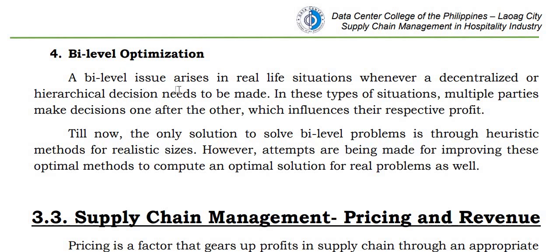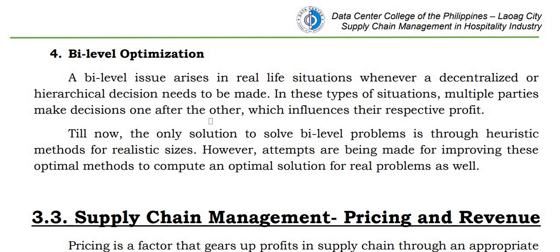This is an issue that arises in real life situations whenever a decentralized or hierarchical decision needs to be made. In this type of situation, multiple parties make decisions one after the other, which influences their respective profit.